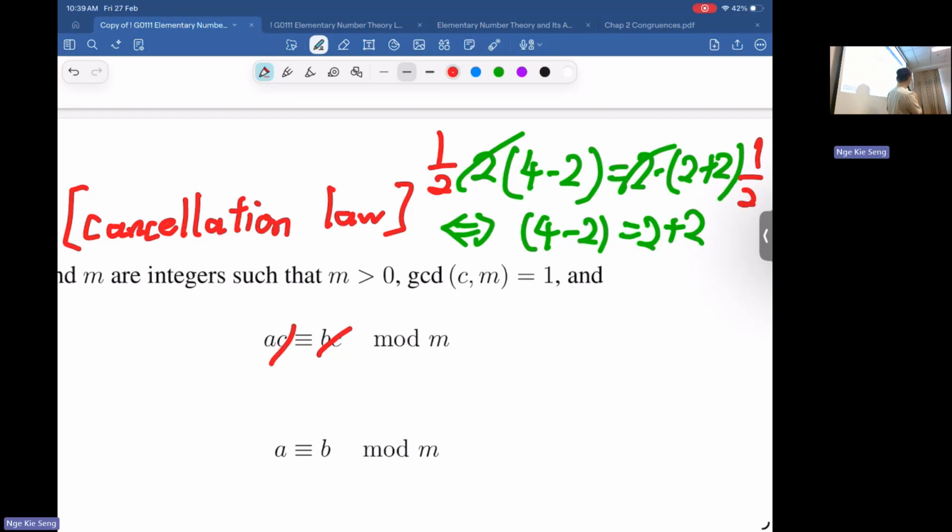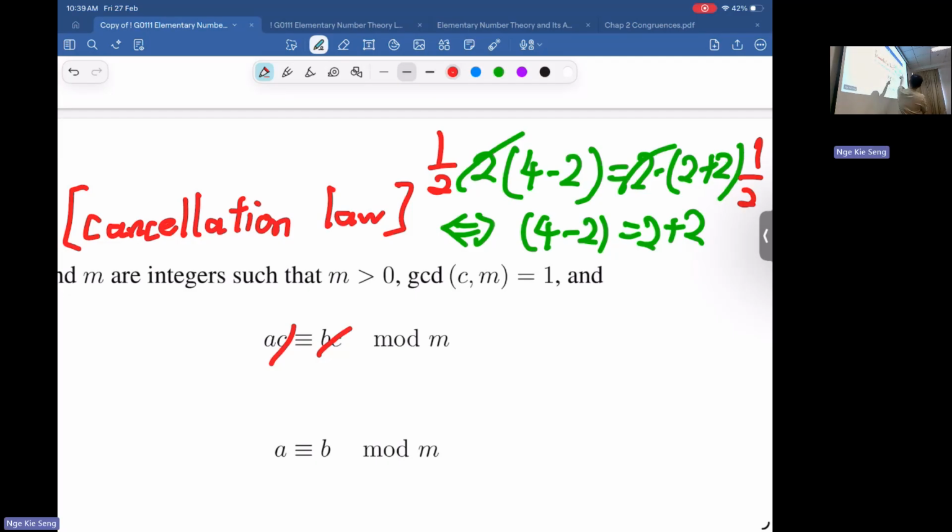The key here is this GCD. This GCD is very important. Later we'll come back to this again and you will see better how it works. You need to make sure that the GCD of the thing you want to cancel with the mod M is 1, only then you can cancel for now.